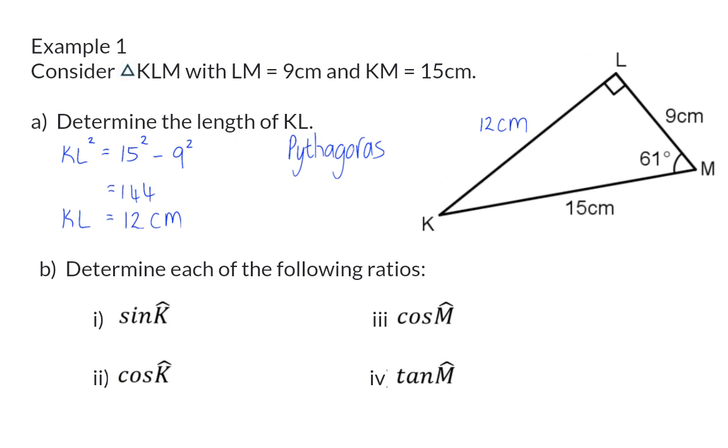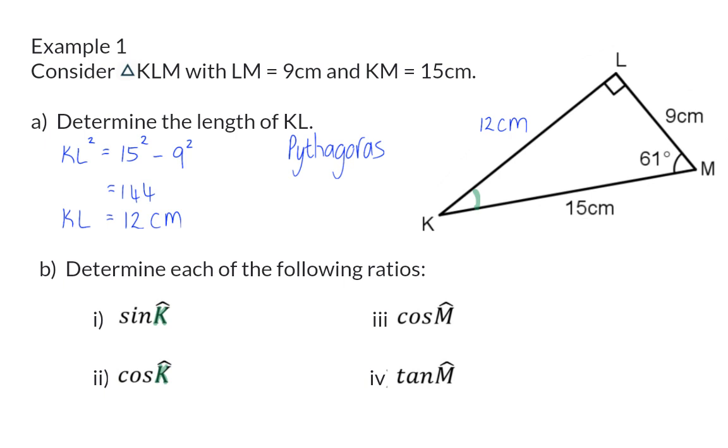B. Determine each of the following ratios. We already know that these ratios are formed by two of the sides of the triangle. For the first two ratios, the perspective, the angle that we are looking from, is angle K, which means we can go and name the sides from K's perspective.